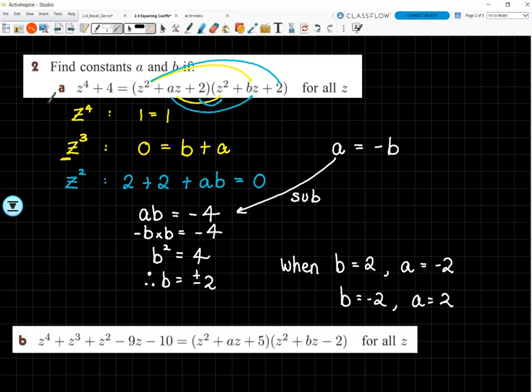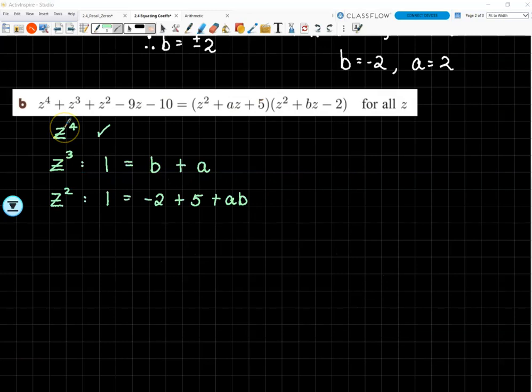All right, so b is a little bit nicer. It's got values for every single one. So you're confident to have a go at that? I might go slowly behind you and do it. So z to the 4. Z cubed, it's got a 1 coefficient here. To get z cubed, it's z squared times z.